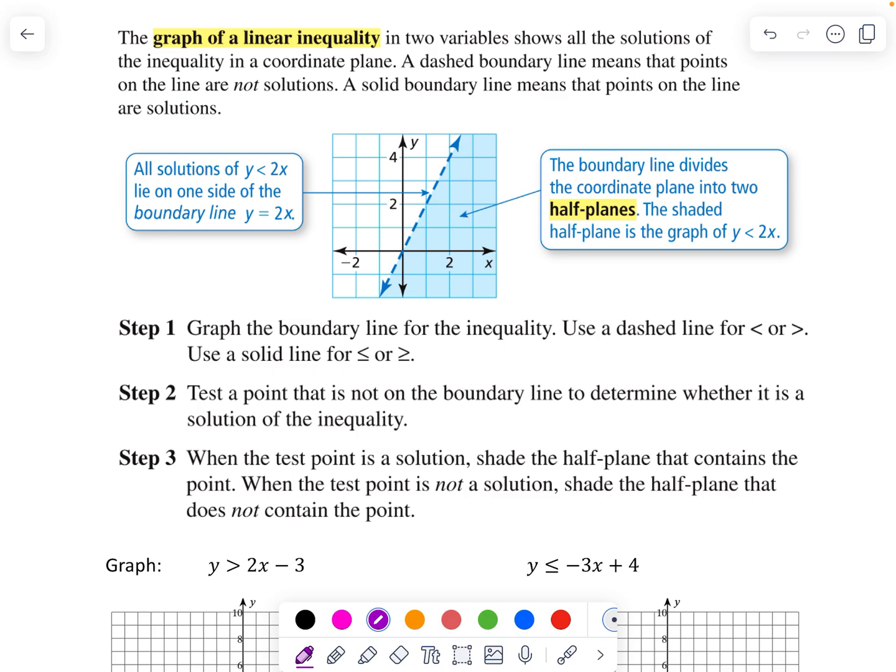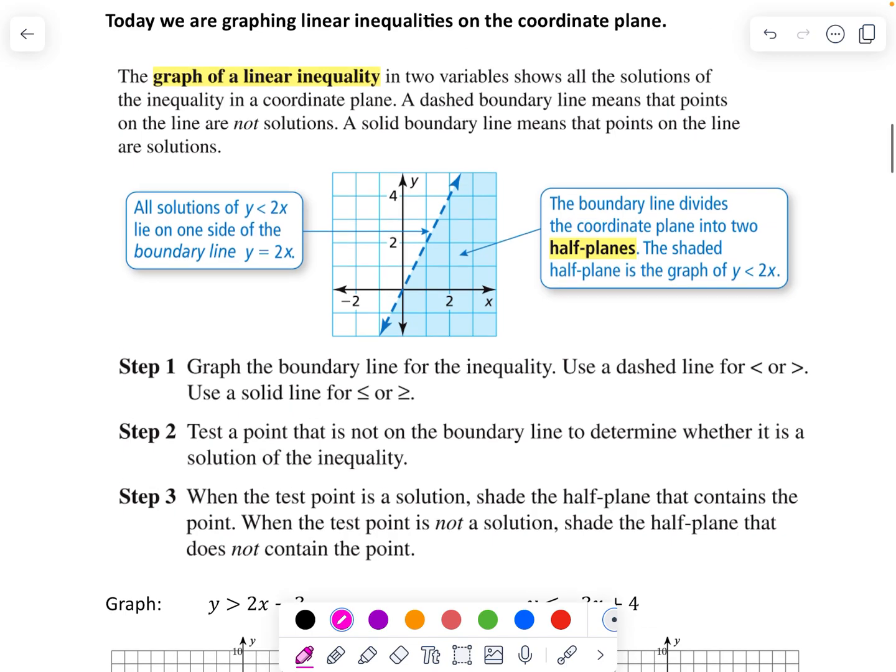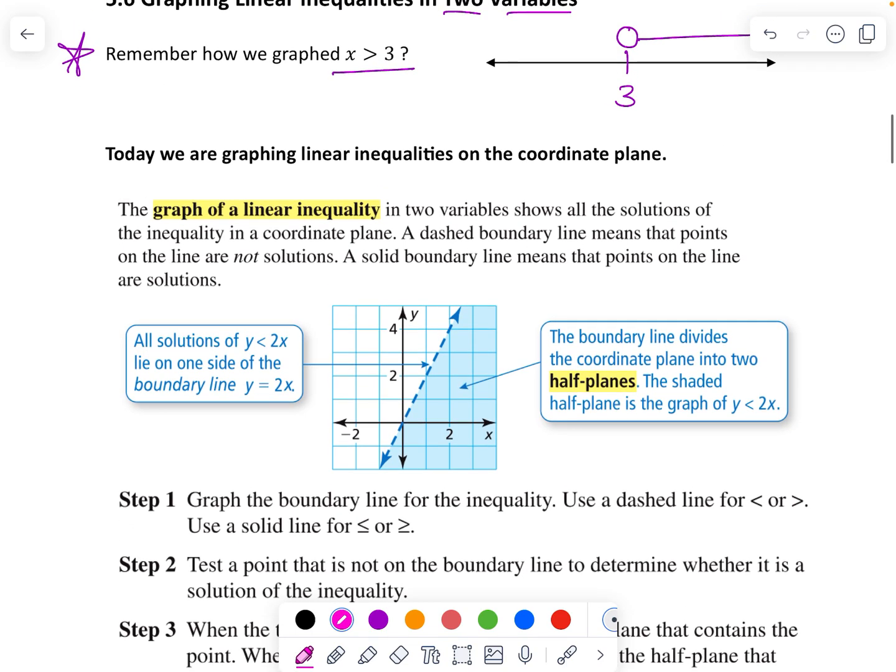If it is also equal to, then it'll be a solid line. If it's not equal to, like the 3 was not equal to here, then we're going to use a dashed line. On the number line, we use the open circle.